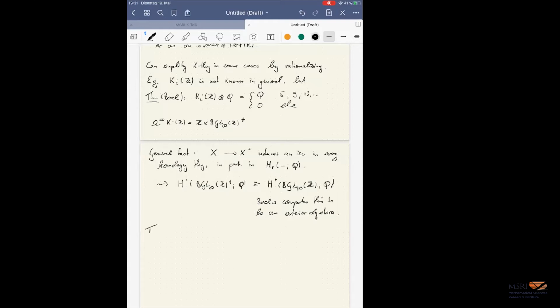So what about ring spectra? There's a very useful theorem of Waldhausen's, which says if R to S is a morphism of connective ring spectra, which is a rational equivalence, so an equivalence of rationalized homotopy groups, and an isomorphism on pi 0, then K of R to K of S is a rational equivalence.